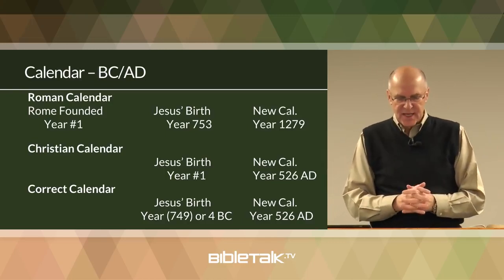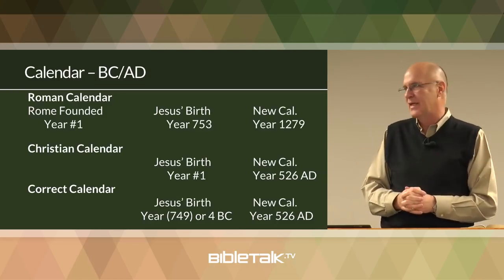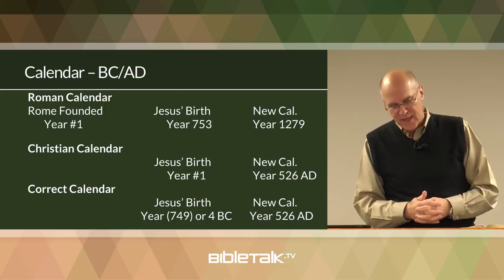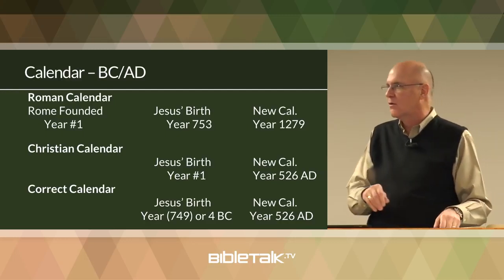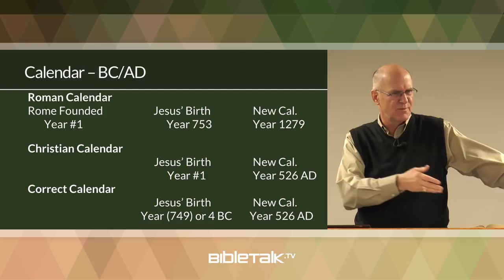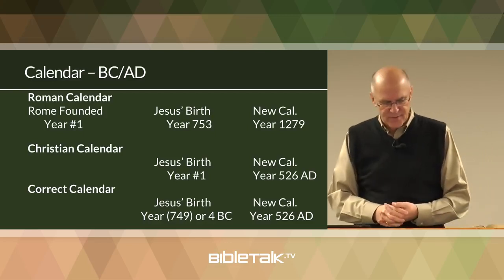So this means that according to the new calendar, Jesus was born in 4 BC. Okay, is that confusing enough for you? All right. So that's why you read secular books sometimes and they say, Jesus Christ of Nazareth born 4 BC, and you're going, how can Jesus be born 4 years before Christ? This is the reason why this was done.